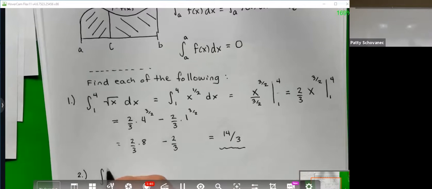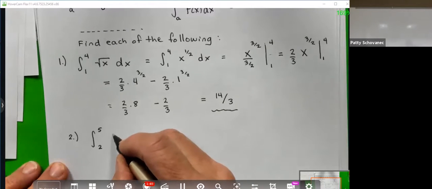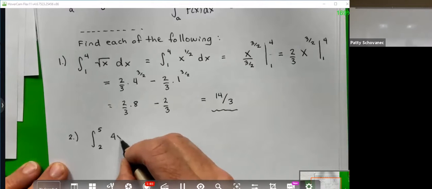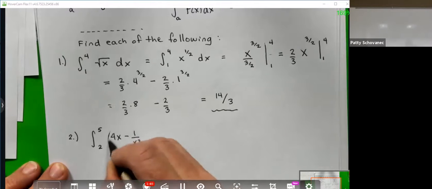Let's take the integral from 2 to 5 of, say, four x minus 1 over x squared.